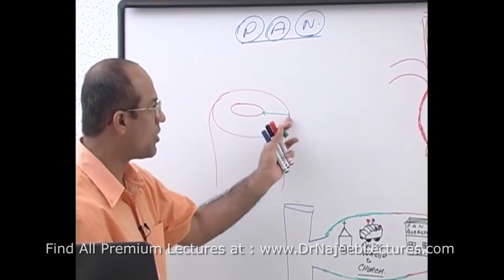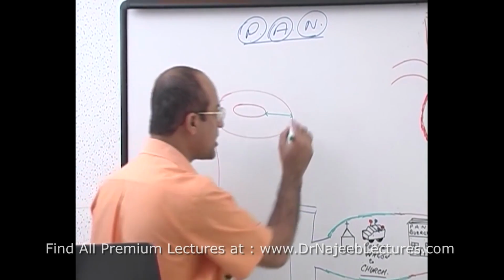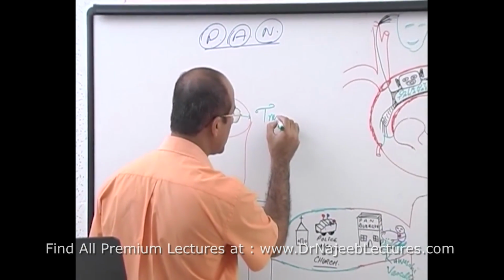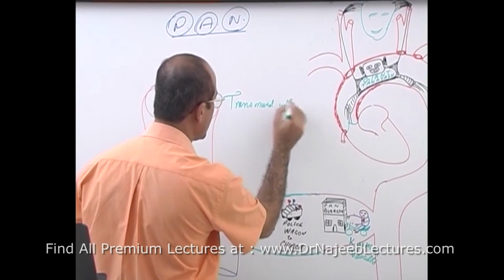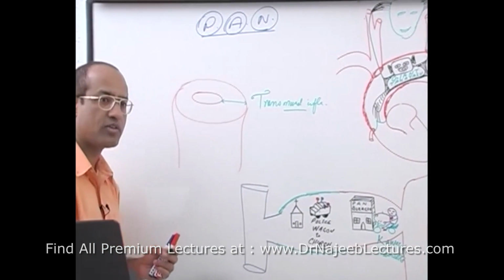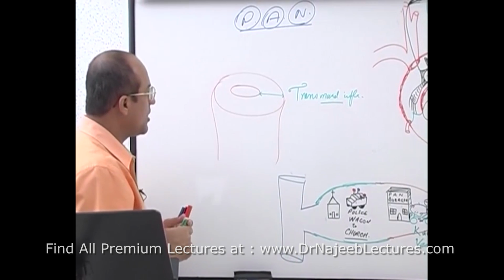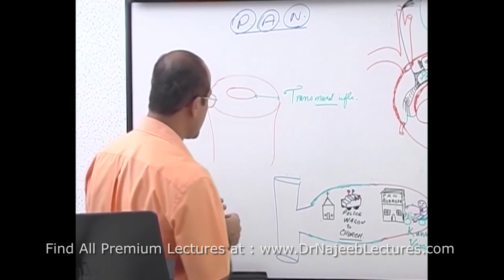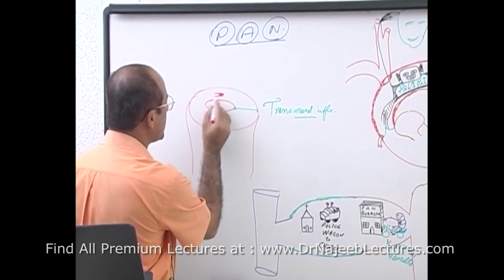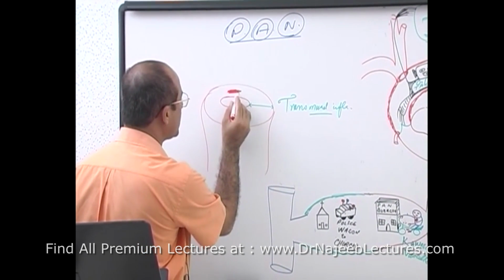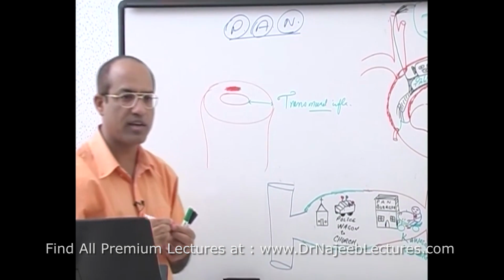Such inflammation which involves the complete wall of the vessel is called transmural inflammation. So we can say in Polyarteritis Nodosa, there is transmural inflammation of medium-sized arteries. And a very important point to remember is that there is almost always some fibrinoid necrosis.